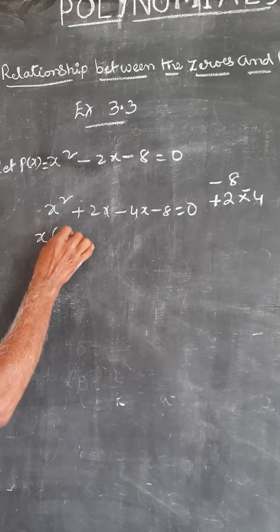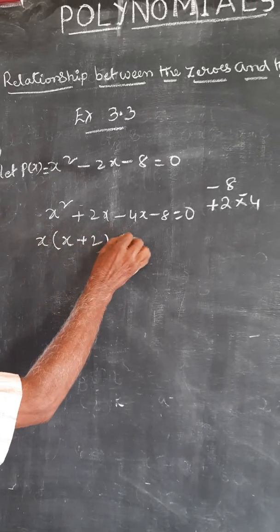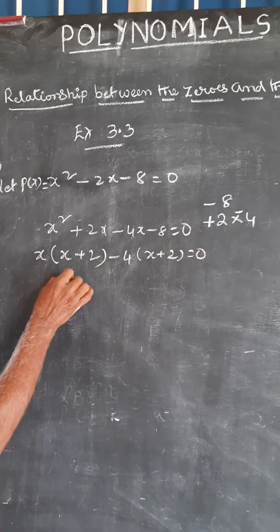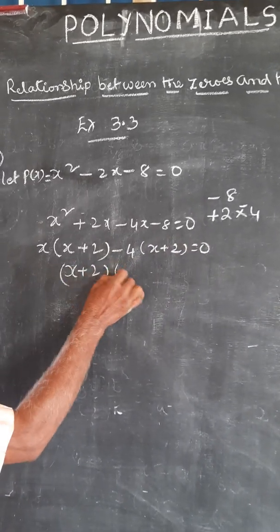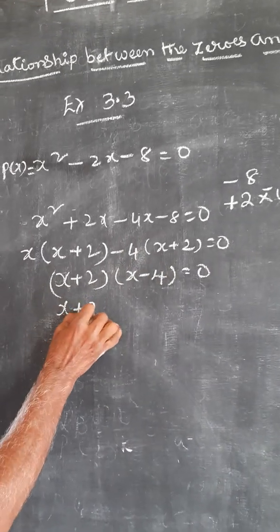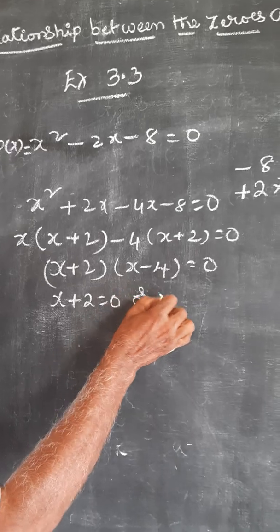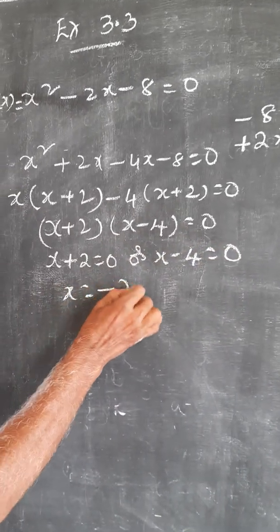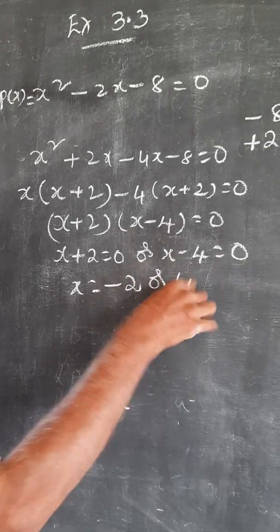x common: x(x + 2); -4 common: -4(x + 2) = 0. The common factor x + 2, times x - 4, is equal to 0. Either x + 2 = 0 or x - 4 = 0, so x = -2 or x = 4.